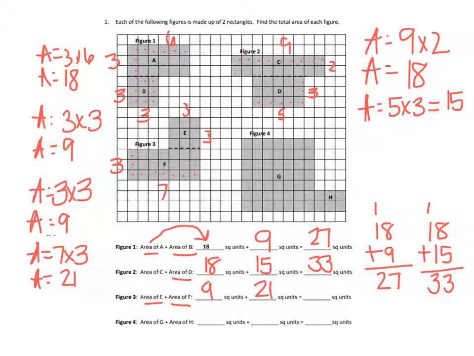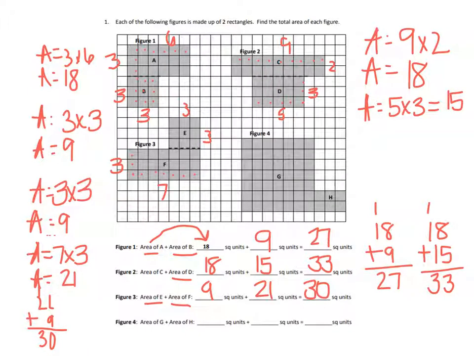So now what I need to do to find the total area of figure 3 is to add 21 plus 9. So 9 plus 1 is 10. I'm going to write the 0 and carry the 1. 1 plus 2 is 3. So the total area is 30 square units.